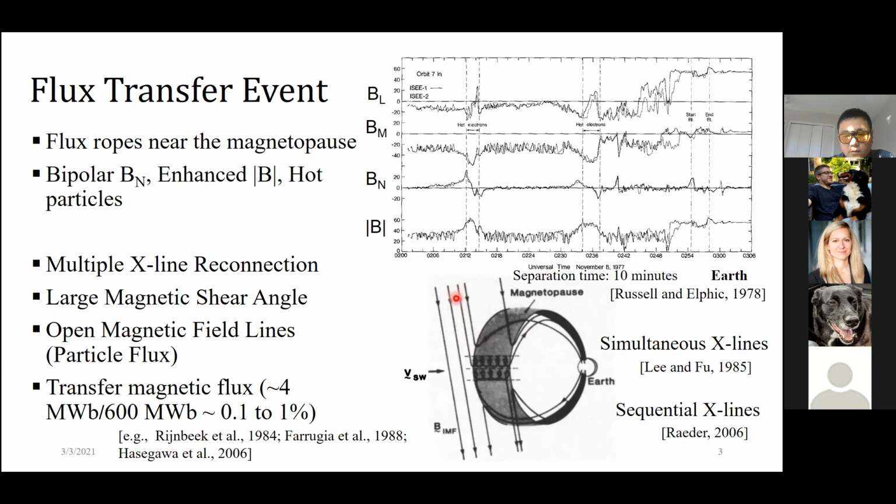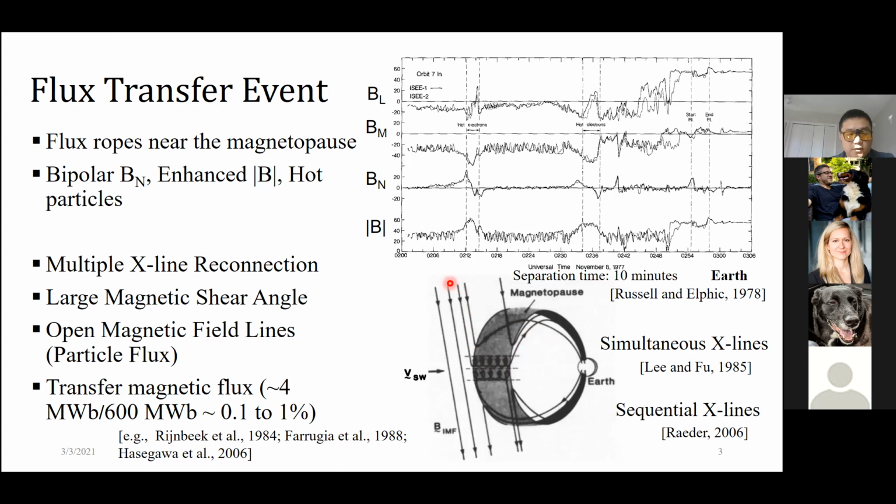So the solar wind particles could transport along the magnetic field and enter into the magnetosphere. And on the other hand, the magnetospheric plasma could also transport along the open magnetic field line and leak out of the magnetosphere. Since in the core it has a flux rope, a flux transfer event could also transport magnetic flux from the dayside magnetosphere to the nightside magnetosphere, and then contribute to the flux circulation in the magnetosphere.